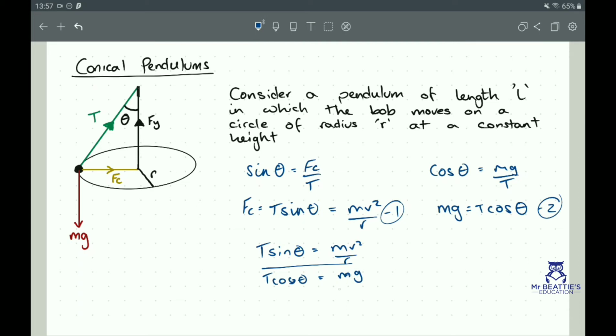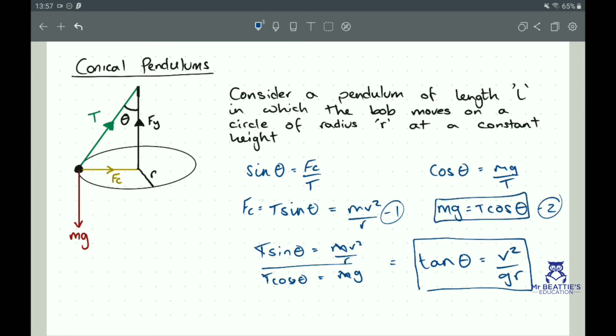As we start cancelling off things, our m's are going to cancel, okay, t's are going to cancel, and sine divided by cos gives you tan, something we're all getting in this weather. So tan of theta is therefore equal to v squared over gr. That just gives us a third equation that we can use. Okay, so these are our 3 useful equations for conical pendulums.